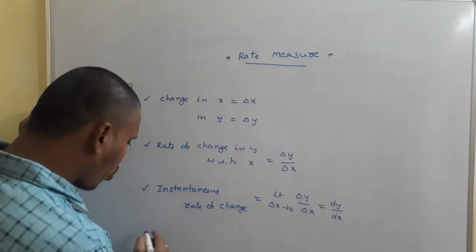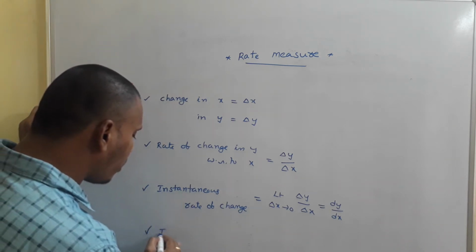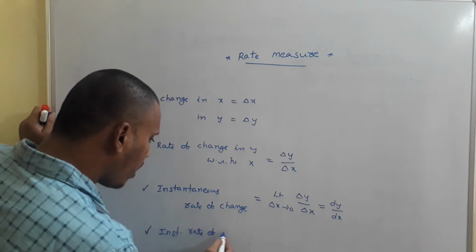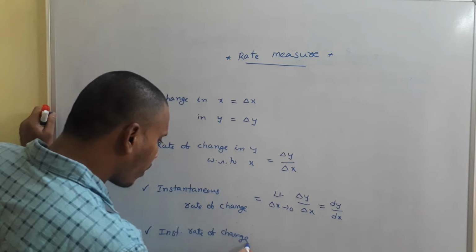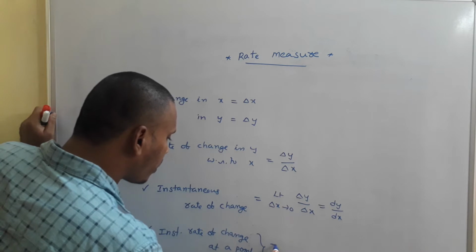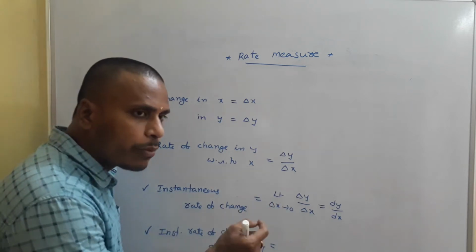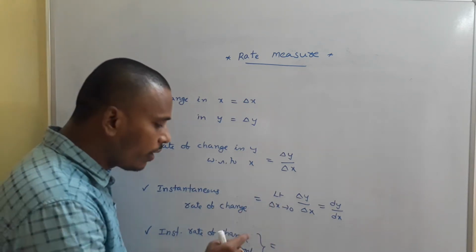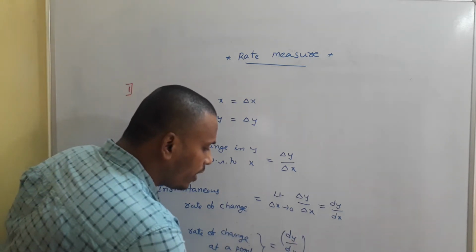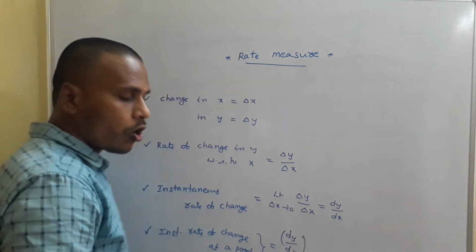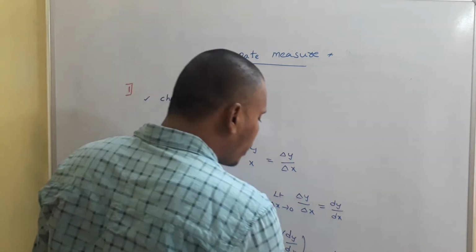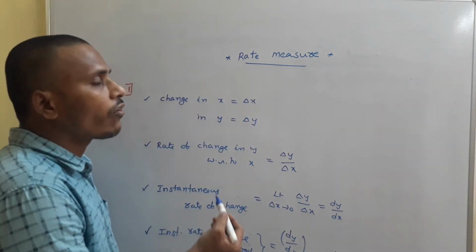From there we concluded the instantaneous rate of change at a point. Since we are mentioning rate of change at a point, in its neighborhood we need to discuss the change in y with respect to the change in x, and it is denoted as dy by dx at the point P. This rate of change at a point, dy by dx at P, is usually nothing but the rate measure.